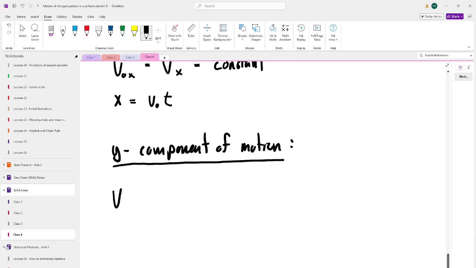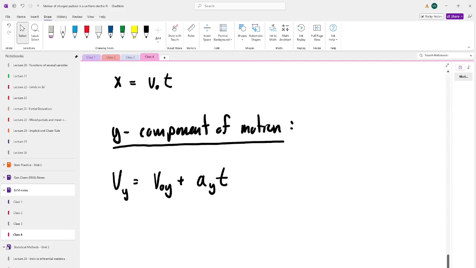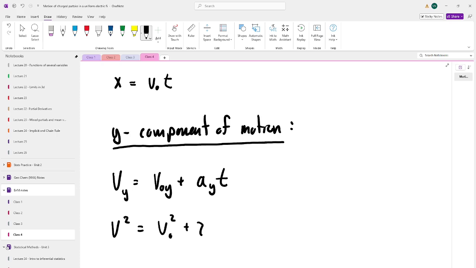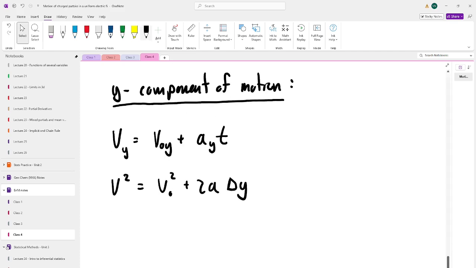So we can say that vy is equal to v naught y plus a times t. And then we have our standard mechanics equations. I'm not going to write this y every time because it just gets annoying, but v squared is equal to v naught squared plus 2a times delta y, or change in height, delta s, delta h, whatever you want to call it.